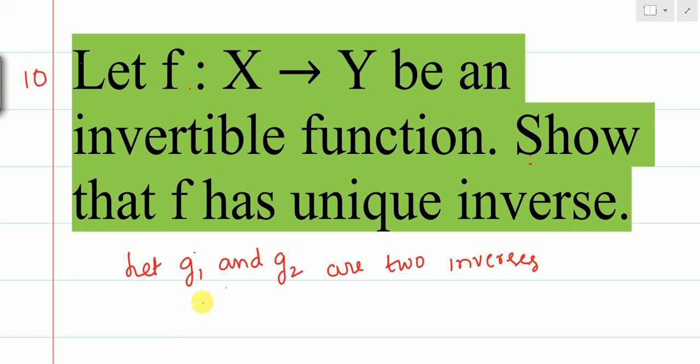So I have two inverses g1 and g2. I have considered two inverses. I have assumed that g1 and g2 are two inverses of f.